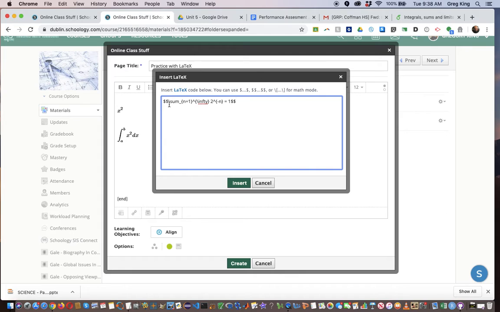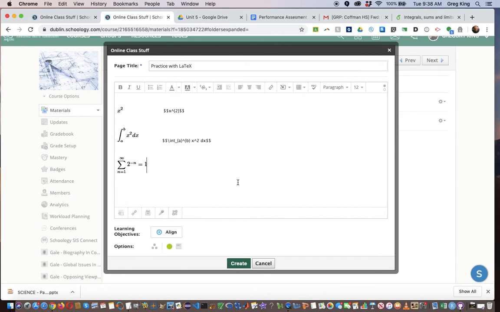So we have backslash sum that tells it what notation we're going to use. The underscore n equals 1 means that's going to be on the bottom. The caret tells it it's going to be up top. That's infinity. And then what's going to be the sum of 2 to the negative n. Then the whole thing equals 1. For this.